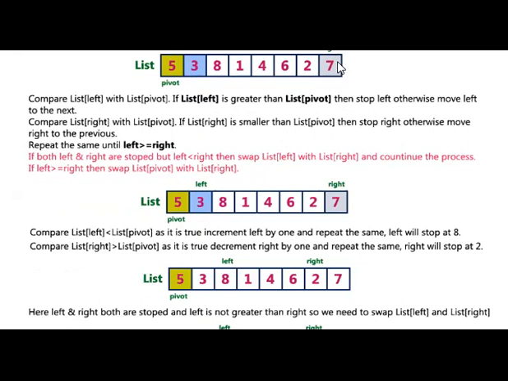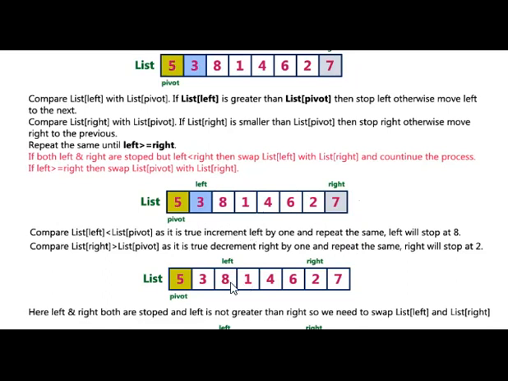No, it is not satisfied. So we increment the ith value and the jth value, finding that 8 comes on the left side and 2 comes on the right side.